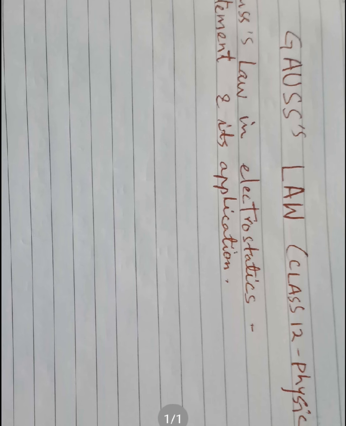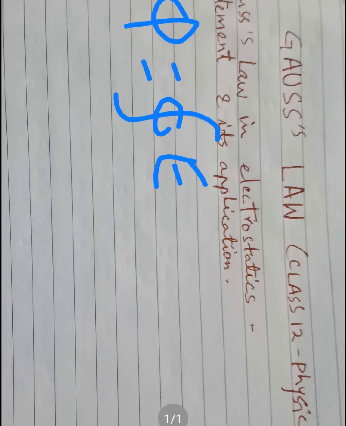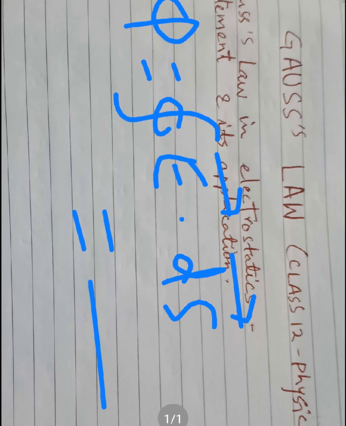In mathematical form, we can write phi is equal to closed integral of vector E dot vector ds is equal to charge enclosed, I write Q inside, upon epsilon naught.